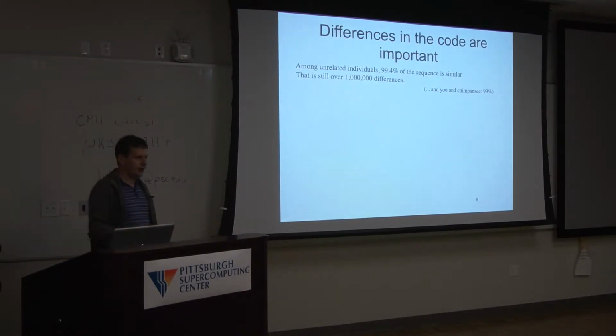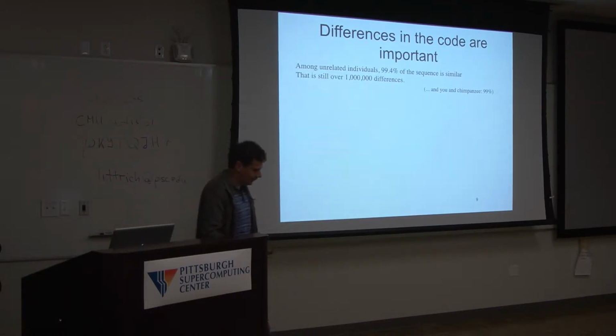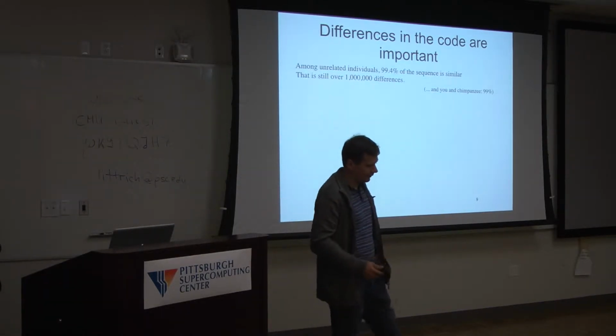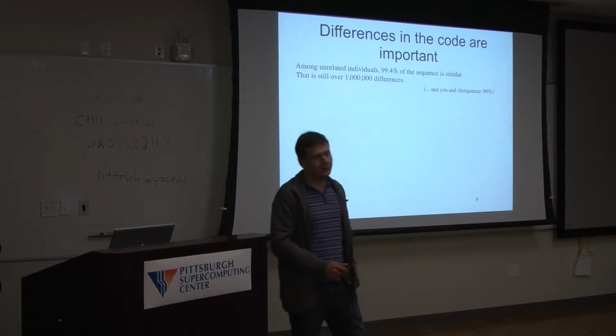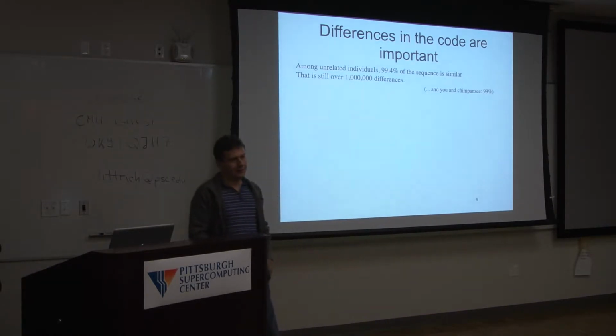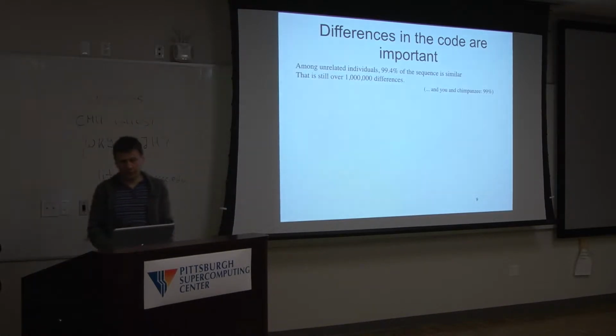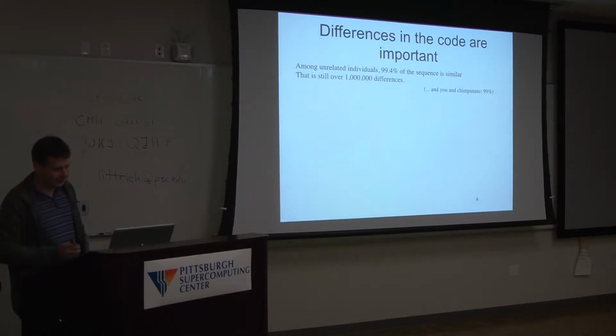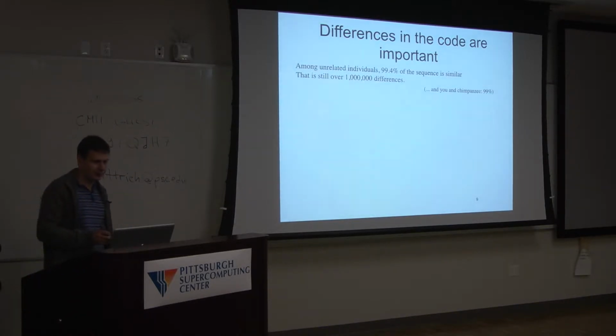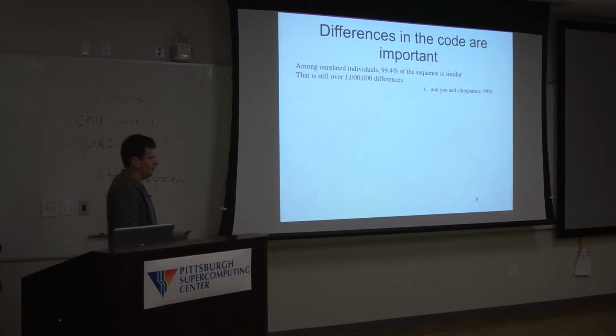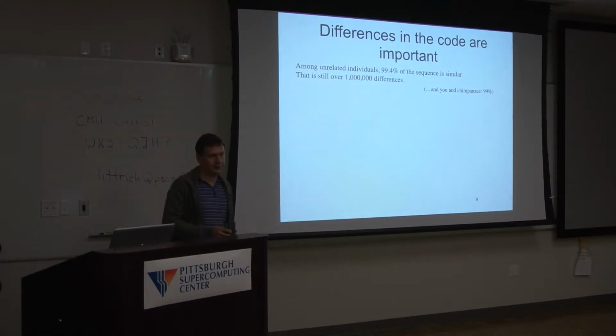So why do we care about DNA sequence? Well, it's not only that it's good to know, right? There are also some practical reasons, primarily having to do with health. It's also interesting to know that among unrelated individuals, we are 99.4% similar, which still leaves about 1 million differences.